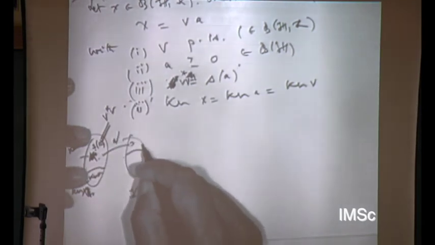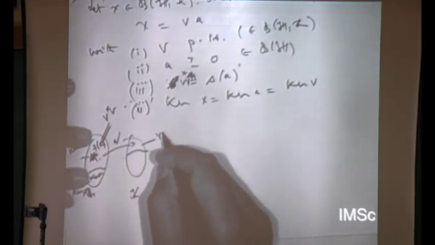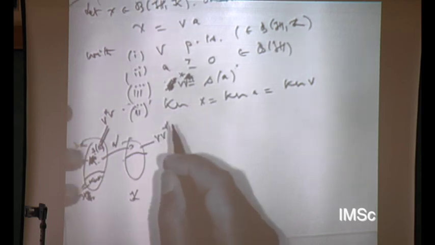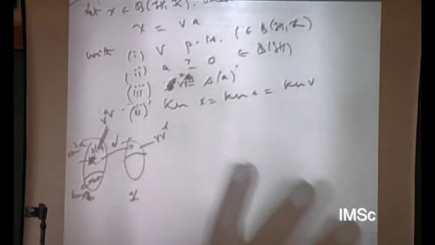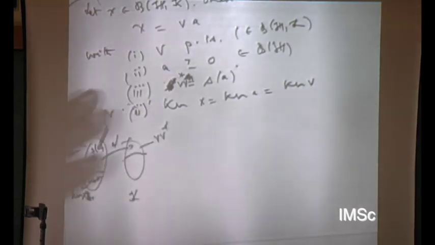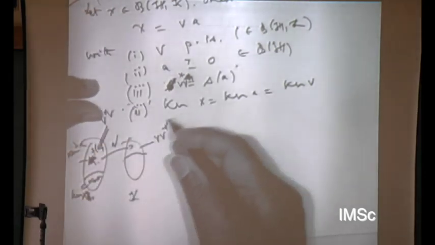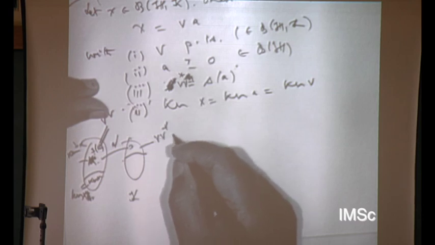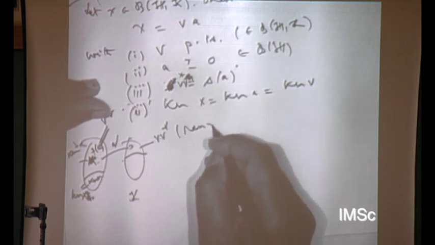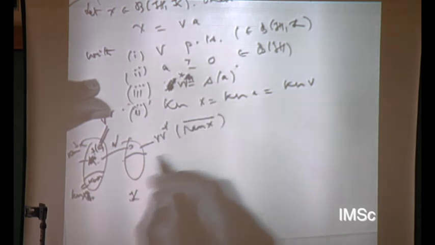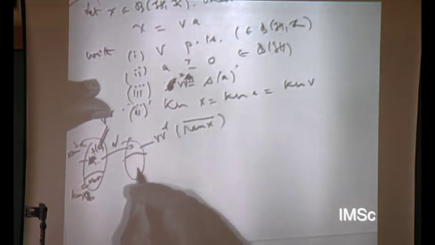This is going to be V. That is the range of V. I am confusing a projection and the range. This is the same as the range of V, which is the range of X, and this will be kernel of X star.